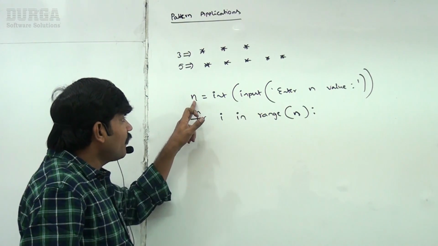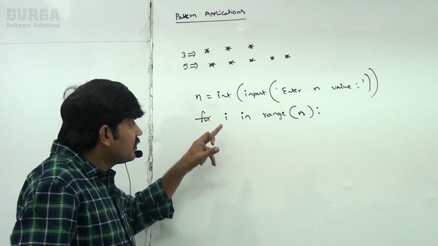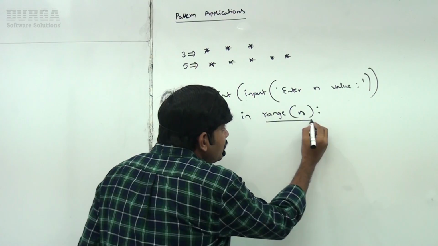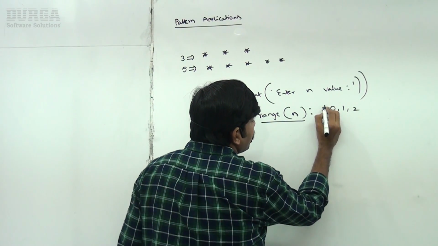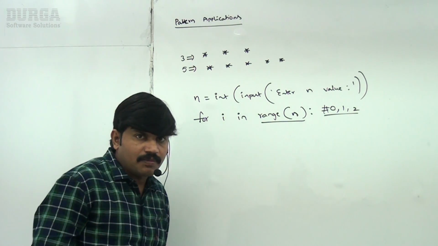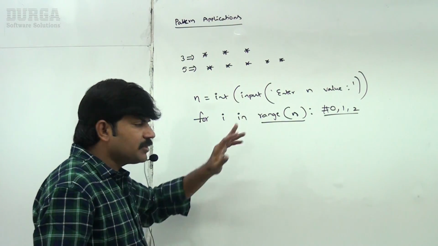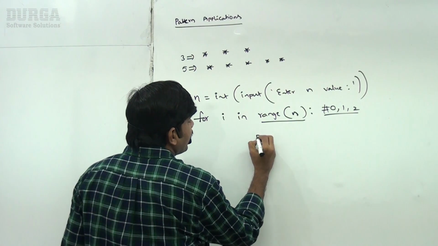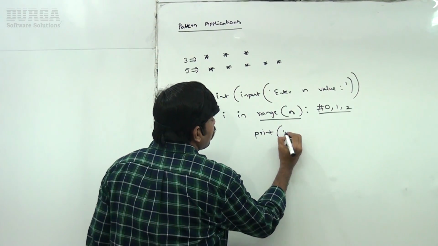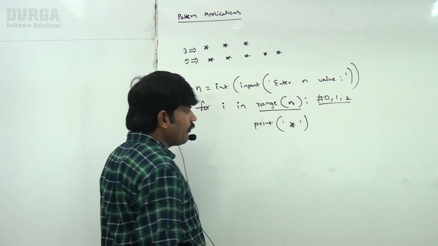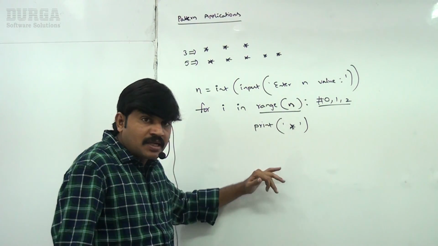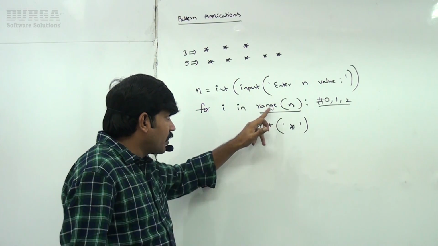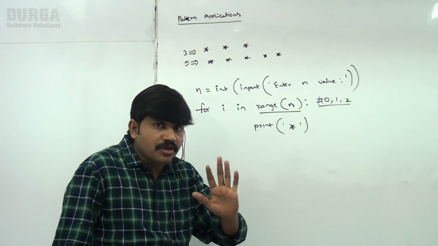Assume that if I enter 3, range of n means 0, 1, 2, so the loop executes n times. If I simply print a star, n number of stars will be printed, because the for loop executes n times.